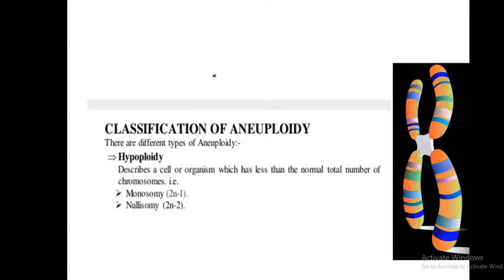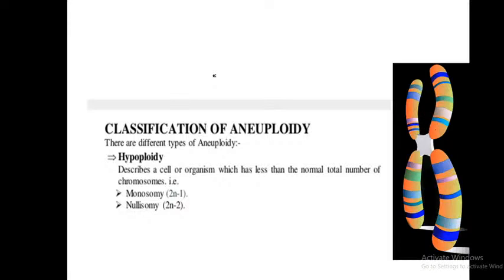One is hypoploidy. Hypoploidy describes a cell or organism which has less than the normal number of chromosomes. For example, human beings, we have a total number of 46 chromosomes. The chromosome number in the somatic cells of an adult human being is 46, that is 23 pairs of chromosomes.